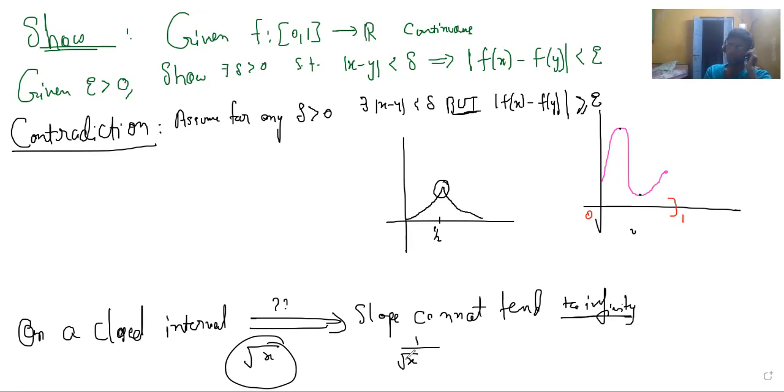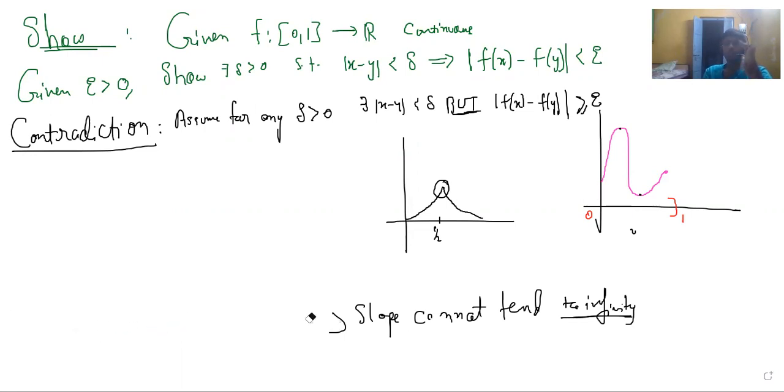Root x, but it's not differentiable in that sense. But anyways, that can happen. It becomes infinite for a very small time. So what we have proved is that uniform continuity does not imply Lipschitz continuity. The slope is not bounded.